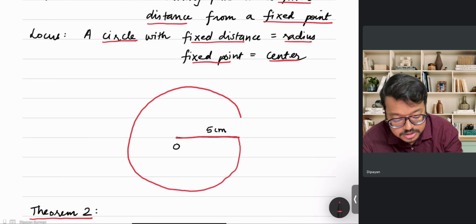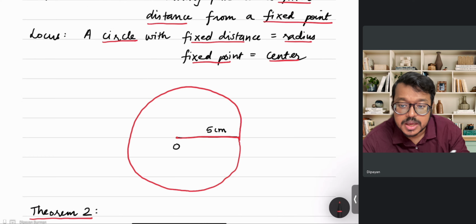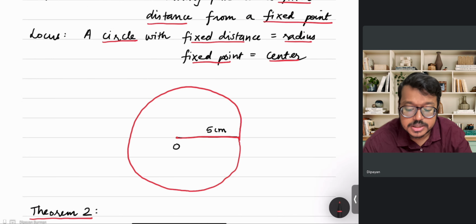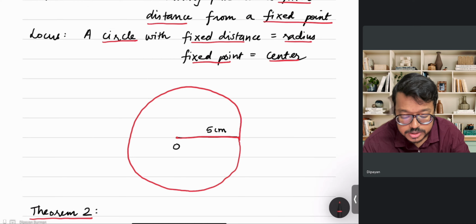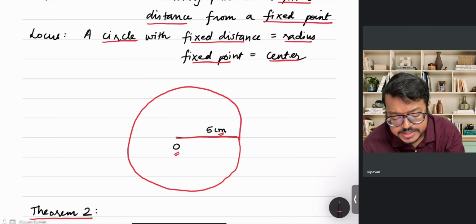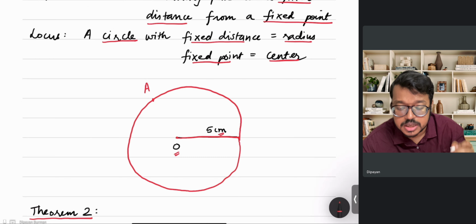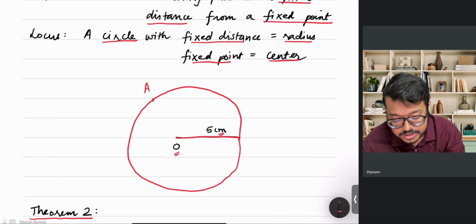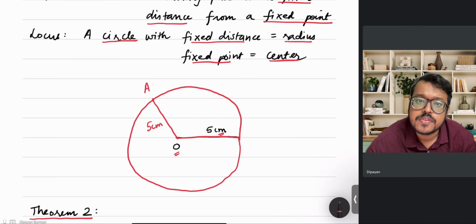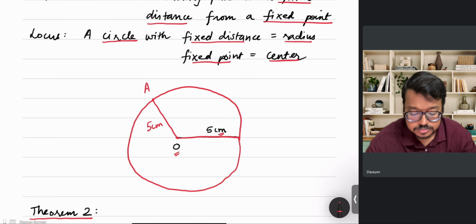I will again reach wherever I started, and that entire path, if I draw it, will be a circle where O is the center and the fixed distance, in this situation 5 centimeter, is the radius of the circle. So if I select any point, let's say point A on that locus, A is always going to be 5 centimeter away from the fixed point O.